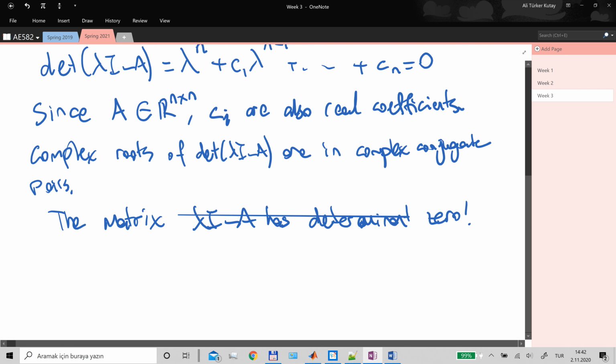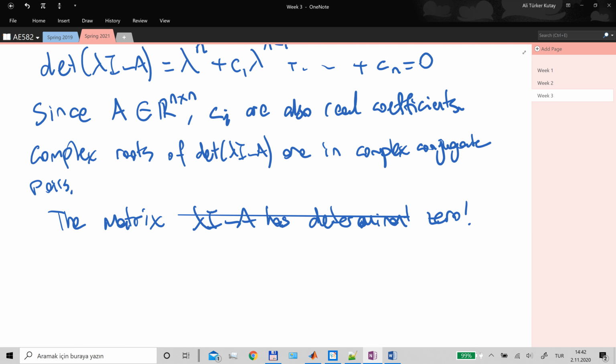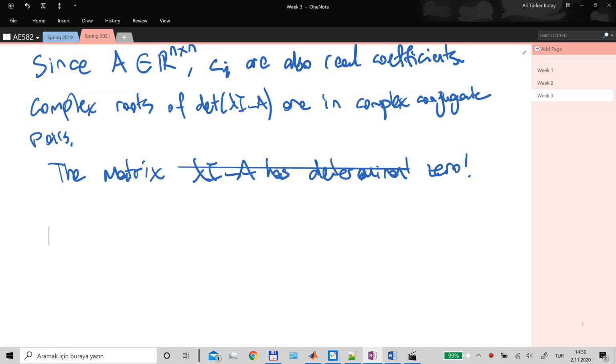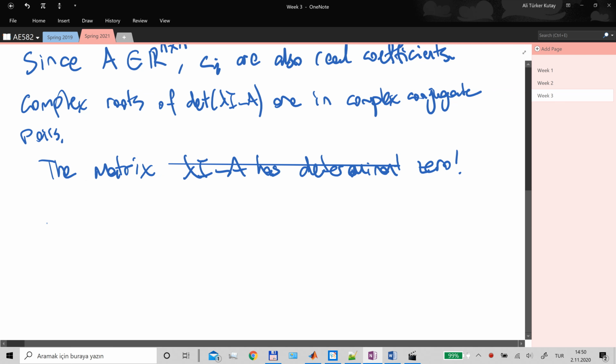So that means this matrix has some linearly dependent rows and columns. Okay, so that means you can write a linear combination of its columns to obtain the 0 column. This is because of the fact that this is not a full rank matrix. So let's take this matrix lambda I minus A, and let's call the columns of that matrix P1 through Pn. So these are column vectors.